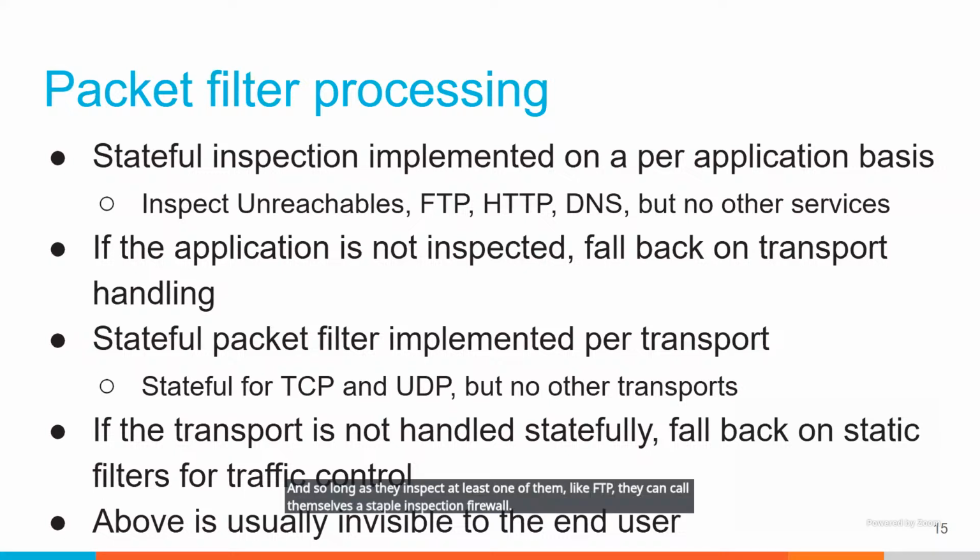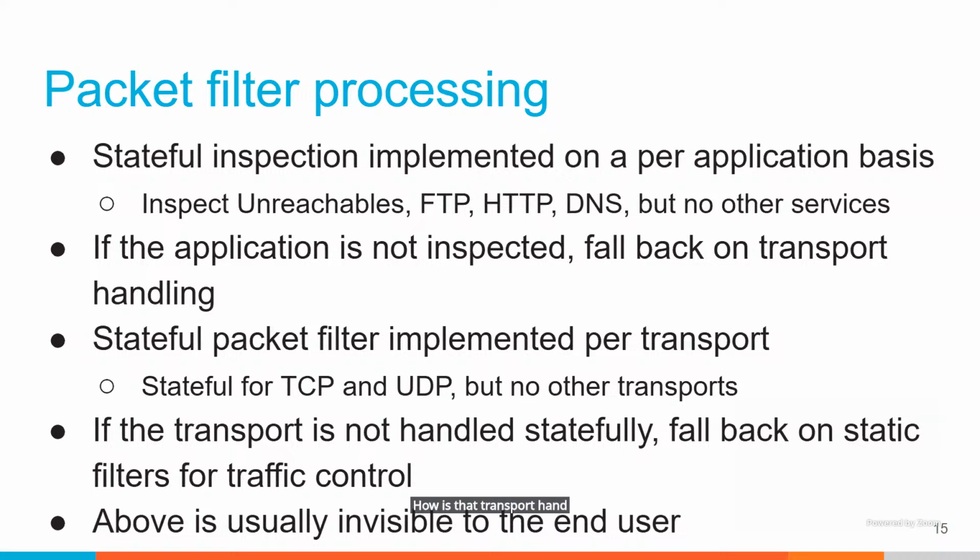they can call themselves a stateful inspection firewall. If the application is not statefully inspected, then we fall back on how the transport is handled. The transport is where we get to decide, are we going to handle it in a static format or in a stateful format, right? Is it going to be a stateful packet filter or a static packet filter? So if we can't do stateful inspection, how is that transport handled?